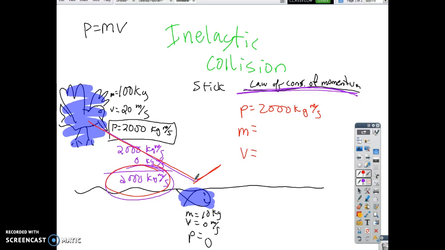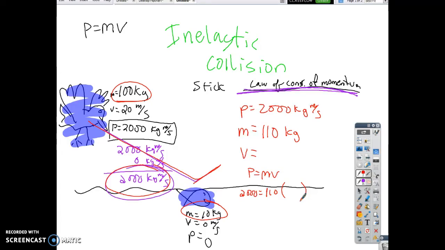Now we have a bird with a fish in his claws, so we have a bird with a mass of 100, and a fish with a mass of 10, so now their masses combined is 110 kilograms. So now I can solve this little formula, P equals mv, because I know 2,000, I know mass 110, and I can do some math, and I'm going to punch it into my little calculator over here on the table.